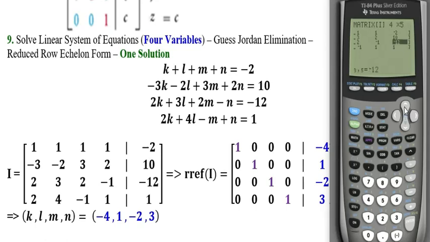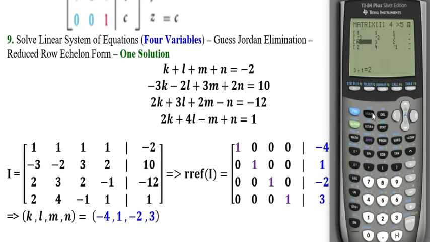So let's make sure our entries are correct. So it is minus 2, 10, minus 12, 1, 1, 2, minus 1, 1, then 1, 3, 2, minus 1, 1, minus 2, 3, 4, 1, minus 3, 2, 2.